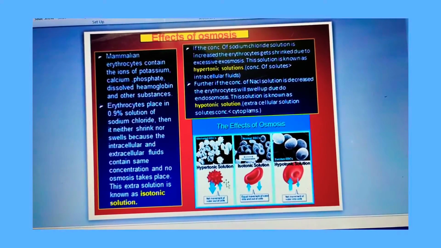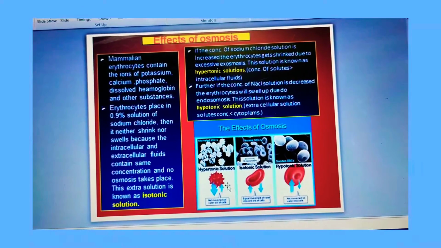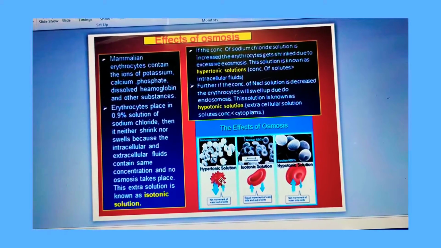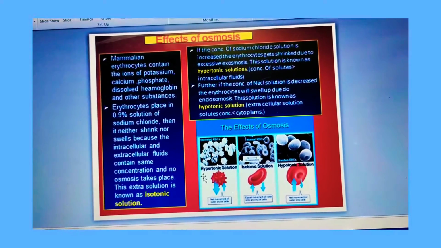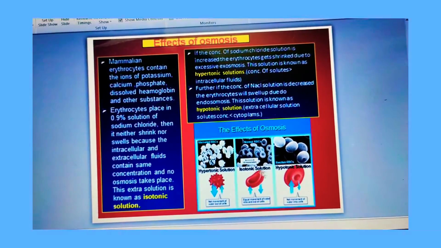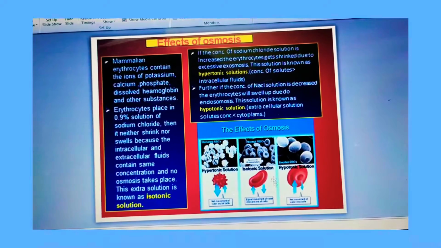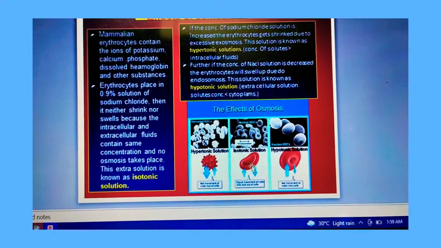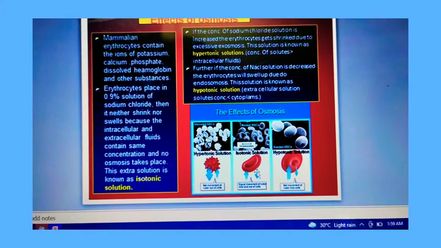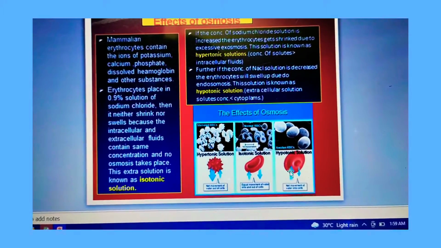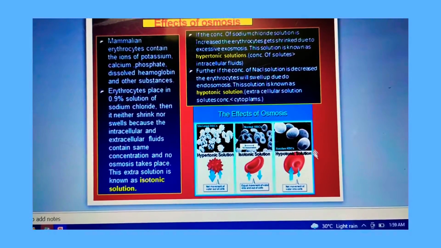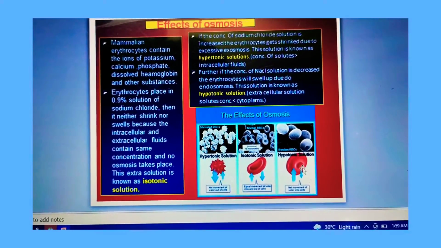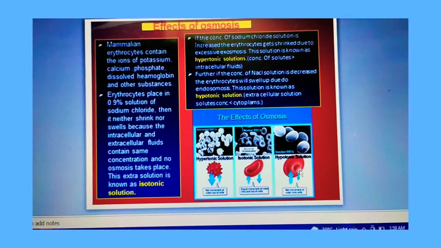The concentration inside the cell organs was high, so from here the molecules diffused to the lower concentration. Isotonic: the surrounding molecules and the molecules inside the cell organs were equally distributed. That is why it was balanced. In this hypotonic case, the surrounding molecules were moving from the higher concentration to the lower concentration inside the cell organ.